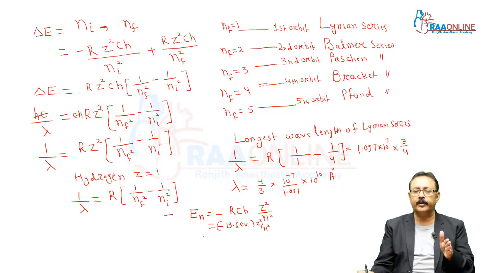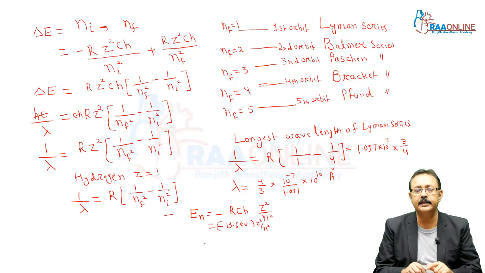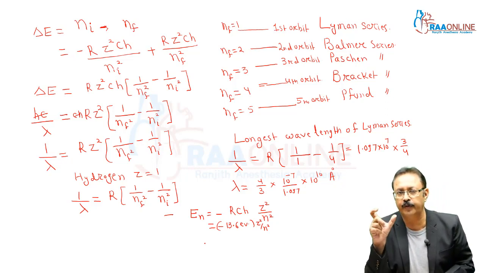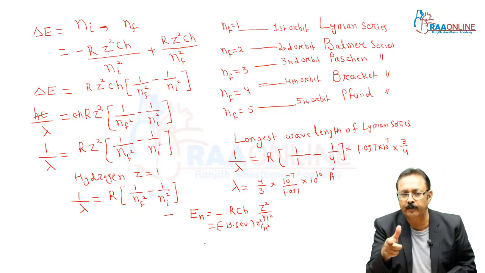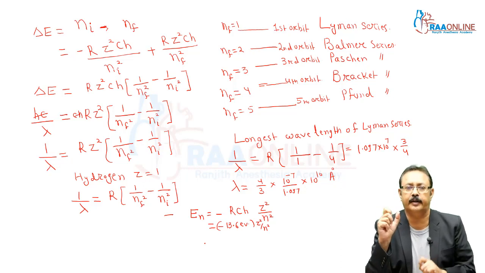If you want to remove the electron from this orbit, you have to supply this positive energy, which means the ionization energy of the hydrogen atom is 13.6 electron volt. Hydrogen has one electron moving in the first orbit with energy negative 13.6 electron volt. If you want to remove it, give it energy so that it becomes 0, so it can move now. So to ionize the hydrogen atom, you need 13.6 electron volt of energy.